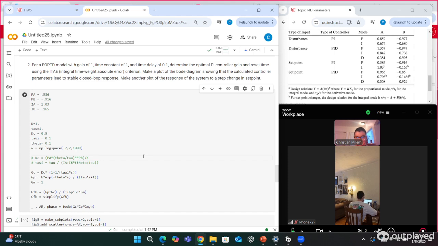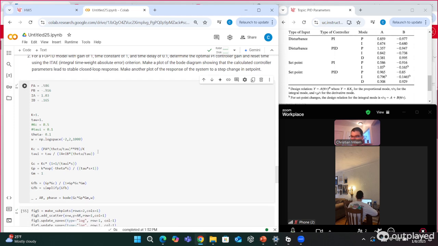A plus IB theta divided by tau. And okay, yeah, I think that should be correct. So we'll get rid of, I guess not get rid of, we'll do the same thing to these. We have new values for these. Did that run correctly? Okay.